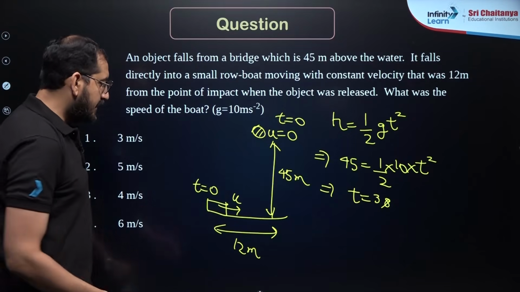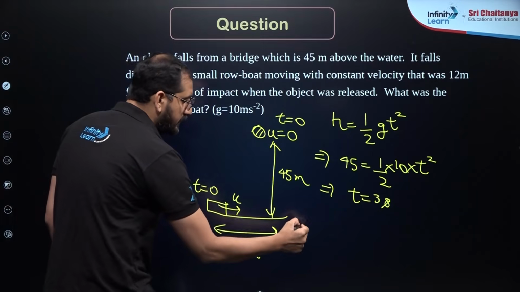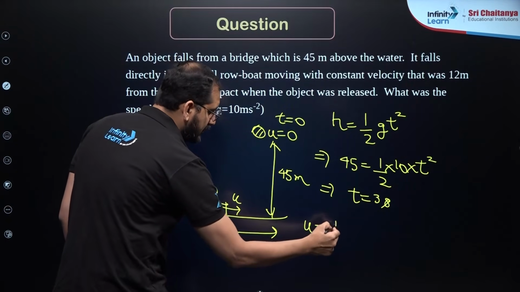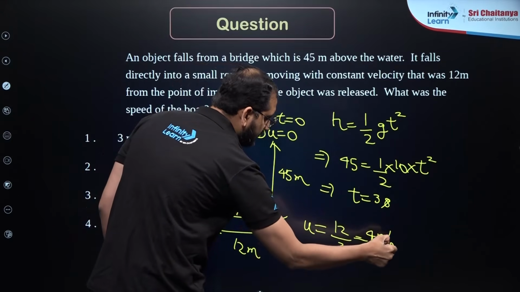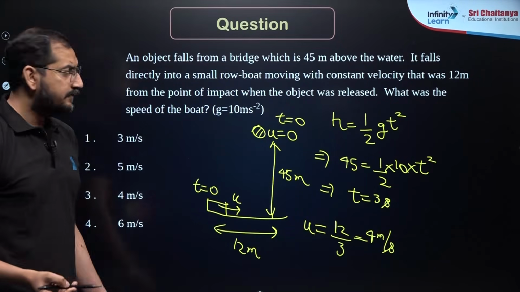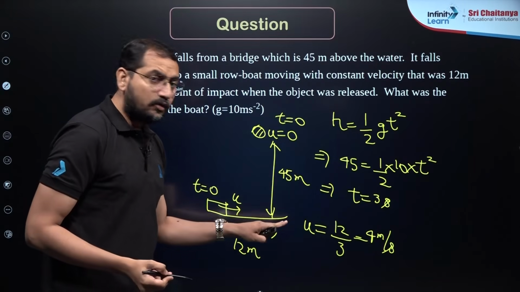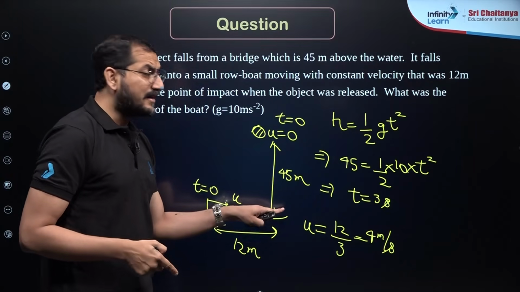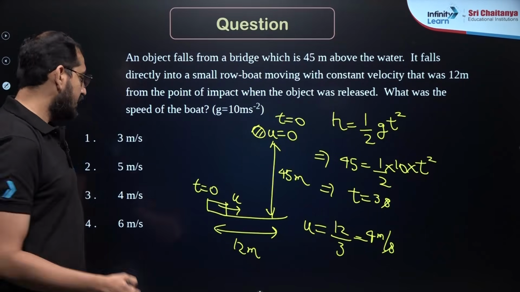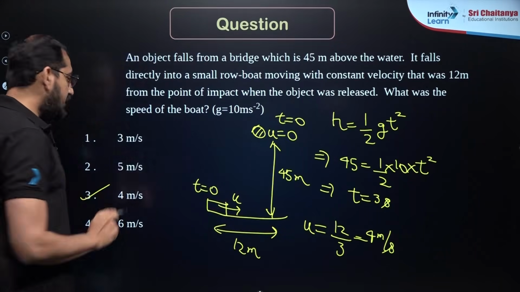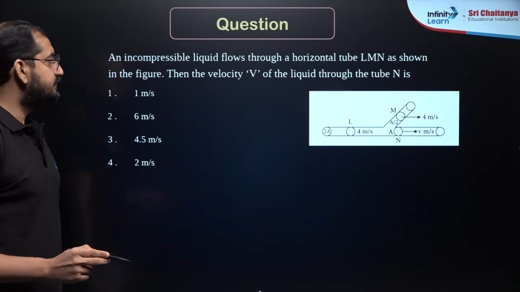Okay, and here I need to calculate the speed. Speed can be given as distance upon time. It will come out to be 4 meters per second, right? So in 3 seconds the ball is coming over here, and in the 3 second duration, the boat will also reach over here. Okay. So yes, option 3 is going to be the correct answer.